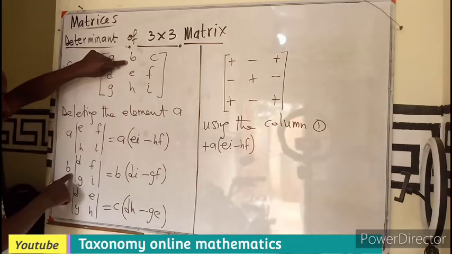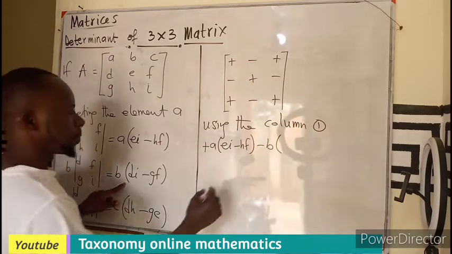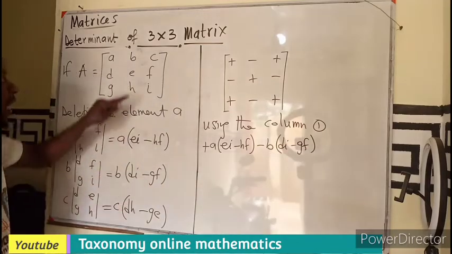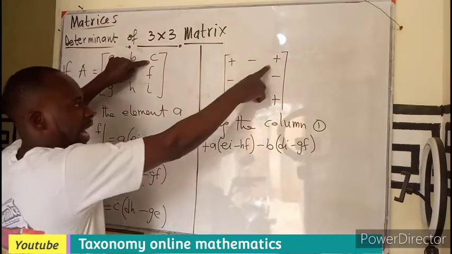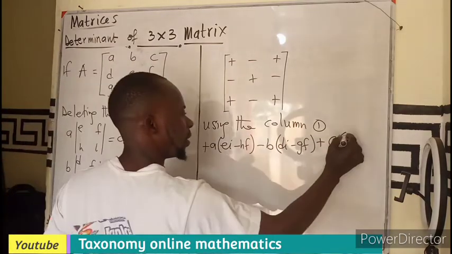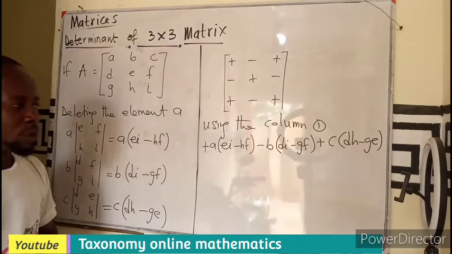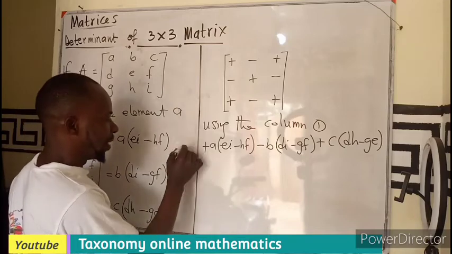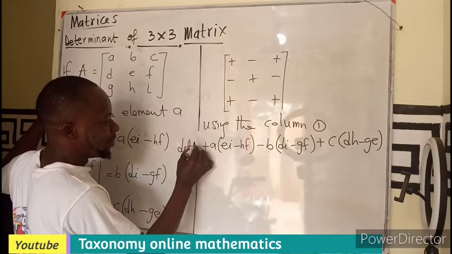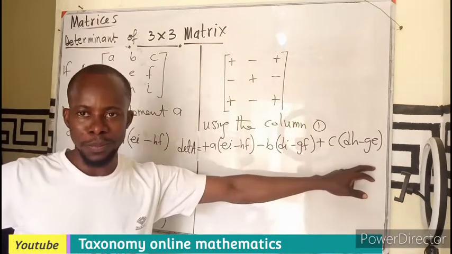I go to B. So B will take the sign what? Minus B, DI minus GF. Where did I go again? That is C. What sign is C having? That is plus. C, DH minus GE.